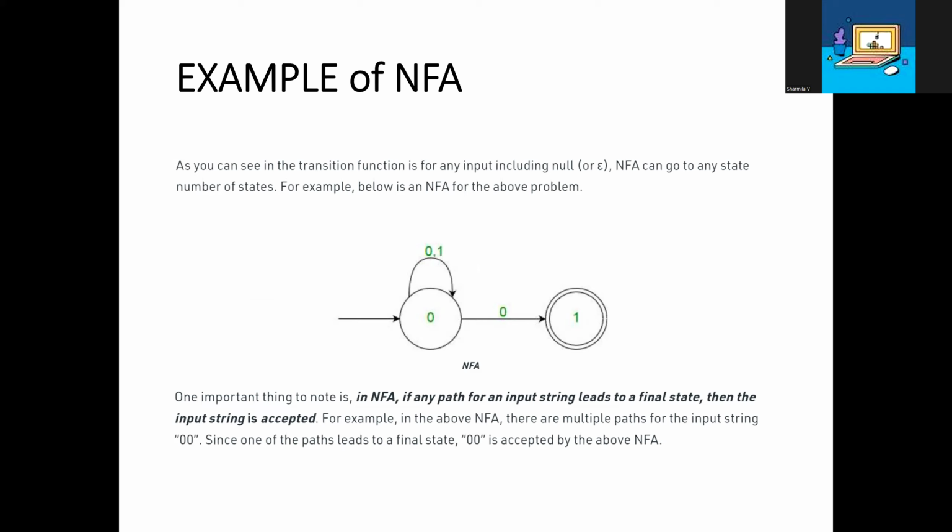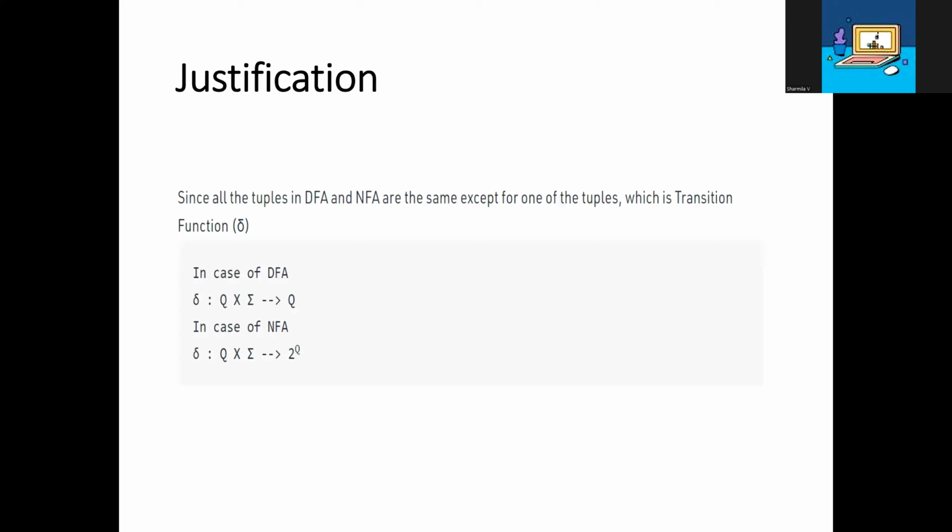In an NFA, if a path from an input string leads to a final state, then the input string is accepted. For example, for the input string 0 0 given in this NFA, it leads to the final state, so 0 0 is accepted.